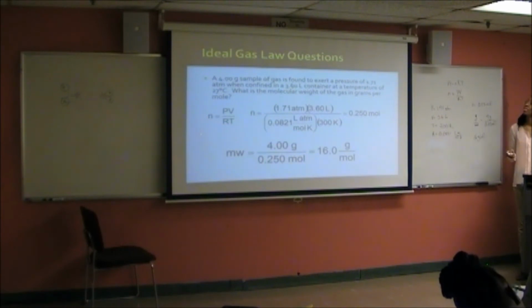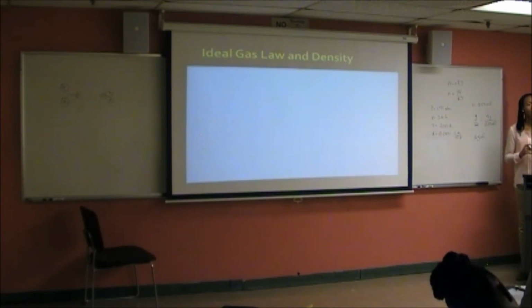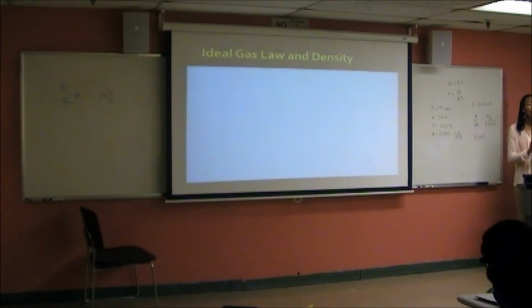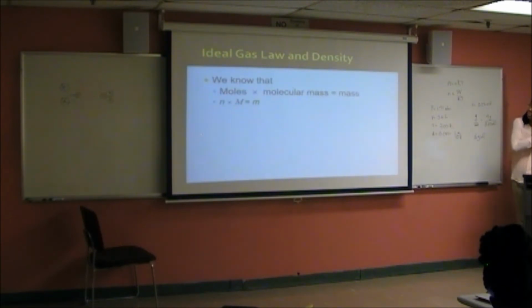Let's see. Alright, so now, ideal gas law and density. We can interchange these two to figure it out. You can find the density of your gas via your ideal gas law, or you can find whatever parameter you have for your ideal gas law if you know your density. Some things we need to take into consideration.